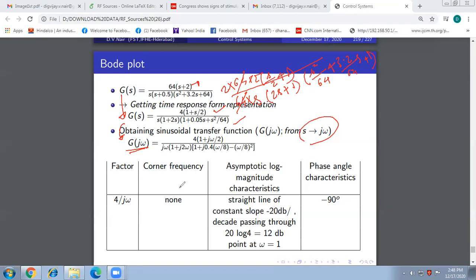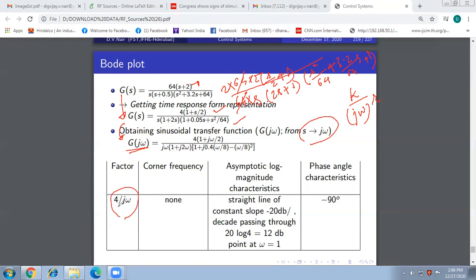So first we begin with the term k upon j omega to the power r, if present at all in the transfer function. And in our case, it is, and the term turns out to be 4 upon j omega, right? So this is the term which we have identified to obtain its individual asymptotic plot first.